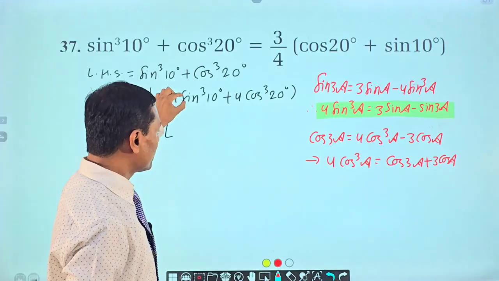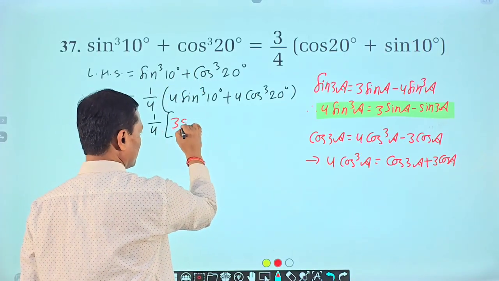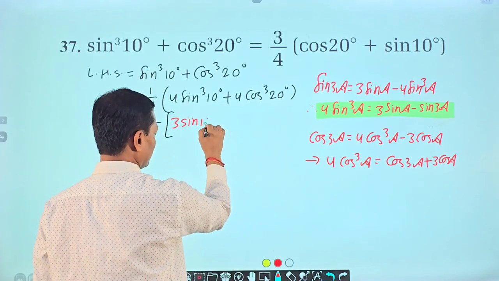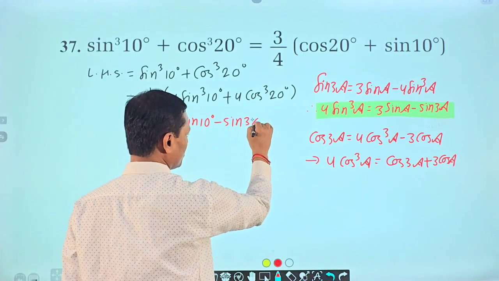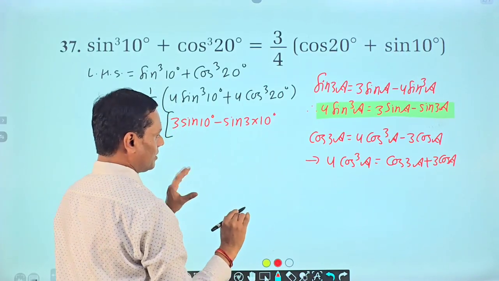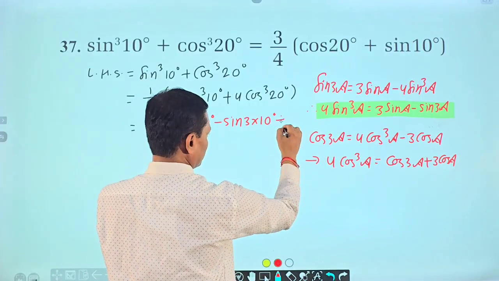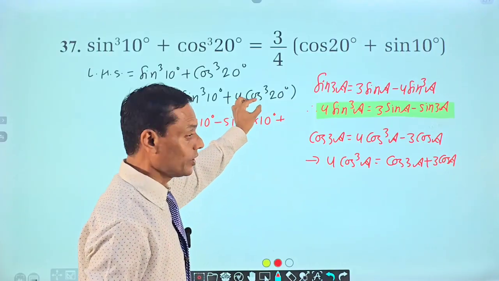So at the place of a, we have 10 degree. So 3 sine 10 degree, minus sine 3 into 10 degree. That's clear? Okay. After that, plus, we have 4 cos cube a, and at the place of a we have 20 degree.